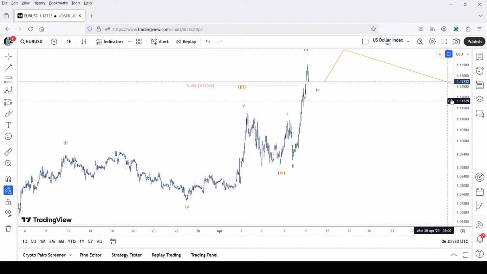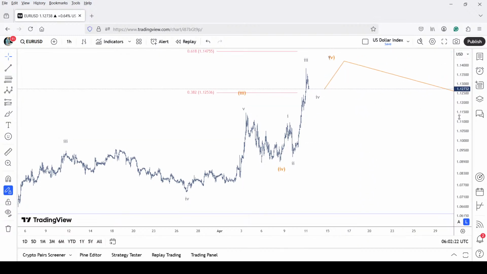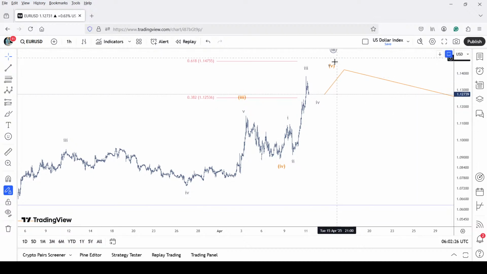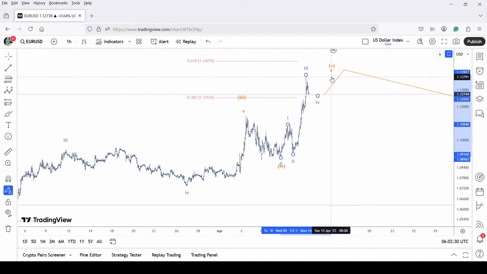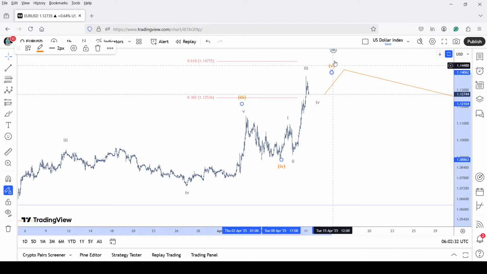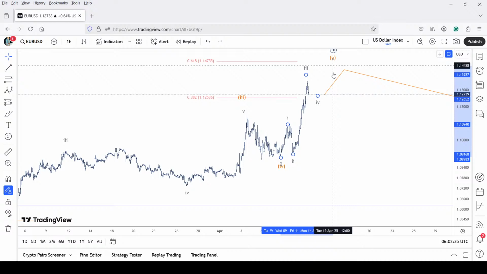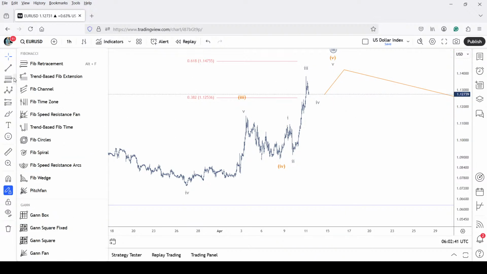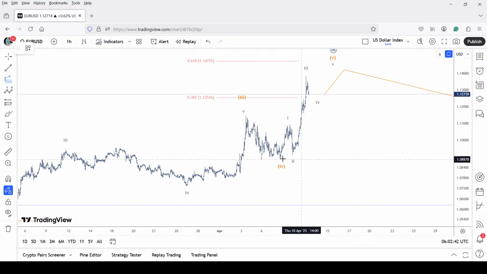So here's the potential structure, where we can just adjust this one and push this higher. Let's also play around with the Fibonacci numbers. There we are.